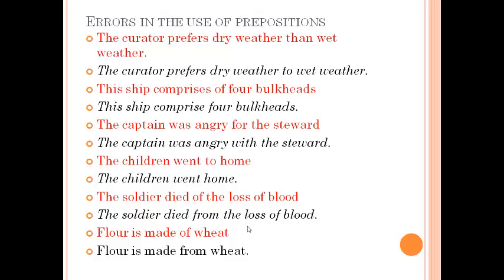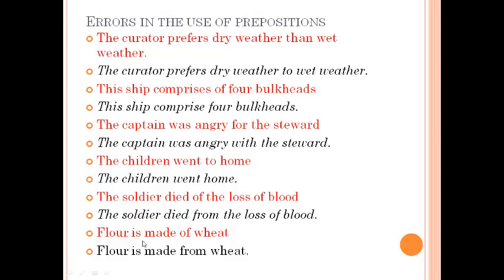Okay, next one: "Flour is made of wheat." It is wrong. Why? What is the correct one? "Flour is made from wheat." When a substance changes into another to produce a new substance, from is used. But when the original material does not change form, of is used.